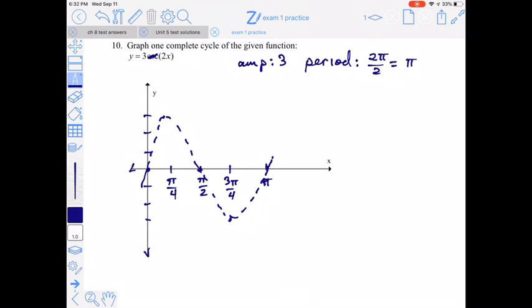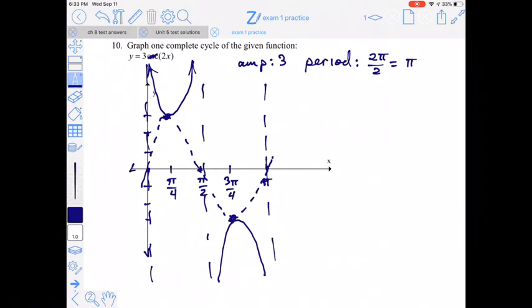Any place this sine graph crosses the x-axis, you would place a vertical asymptote. So at pi halves, and right on the y-axis. And then you invert up here. And down there.